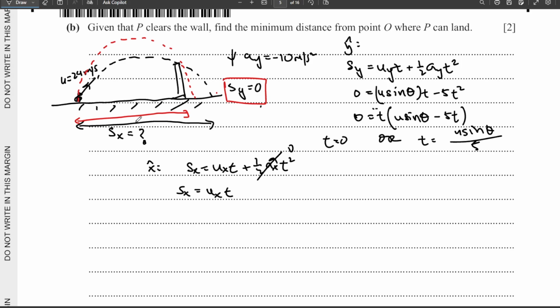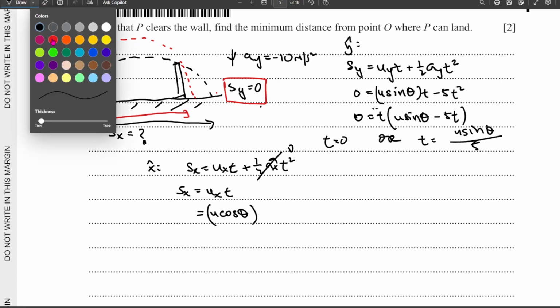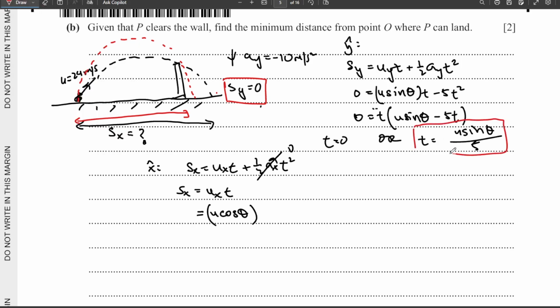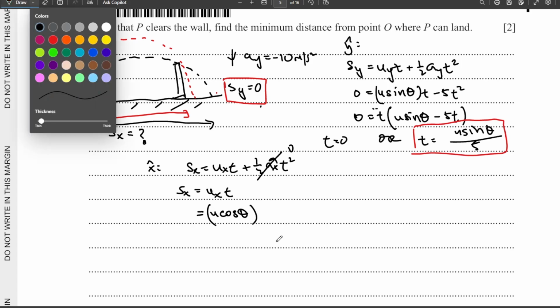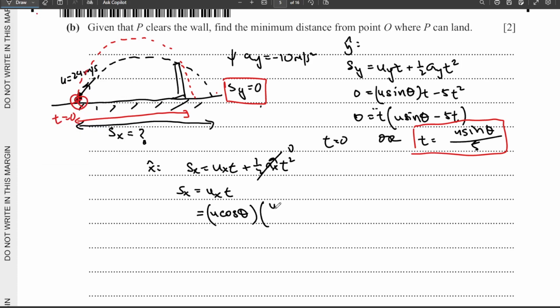So we can use the information we know, which is ux is u cosine theta, and t is what we have just found, this expression here. Obviously, we're not going to take t equals 0 because that's the instant when it's being thrown, so we're not going to consider that. And we have t as u sine theta over 5.